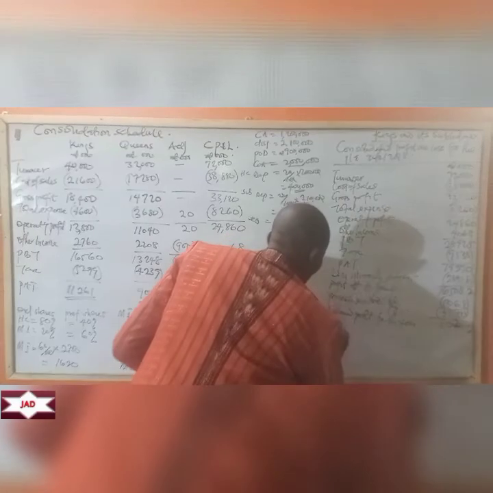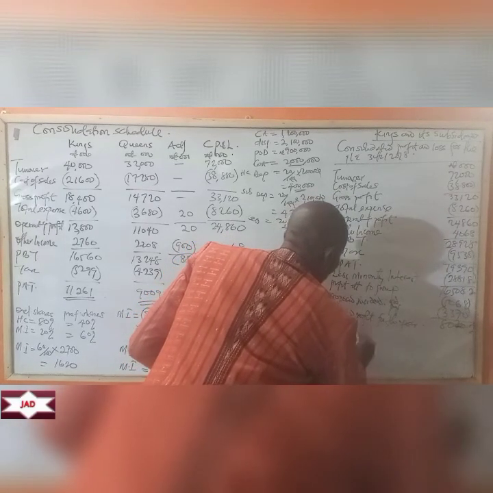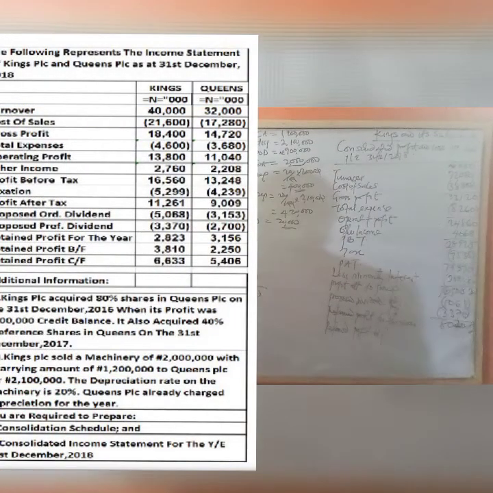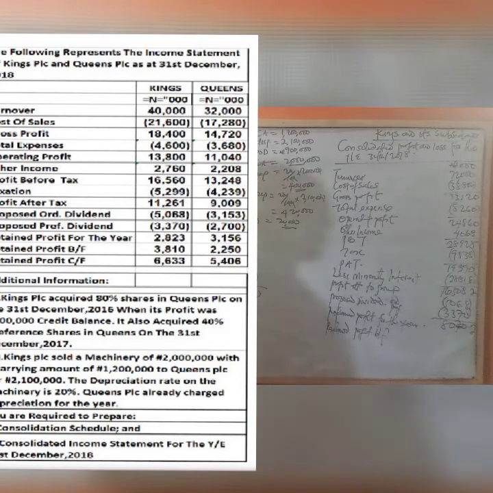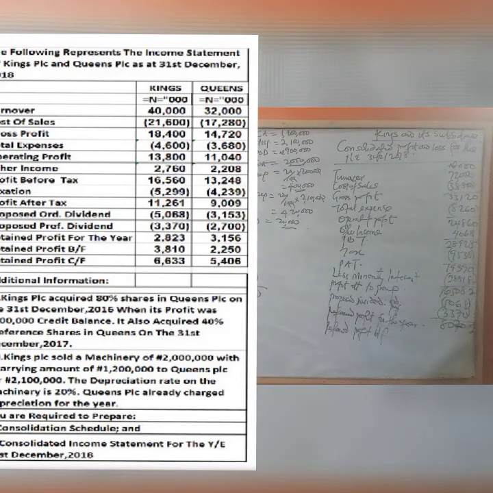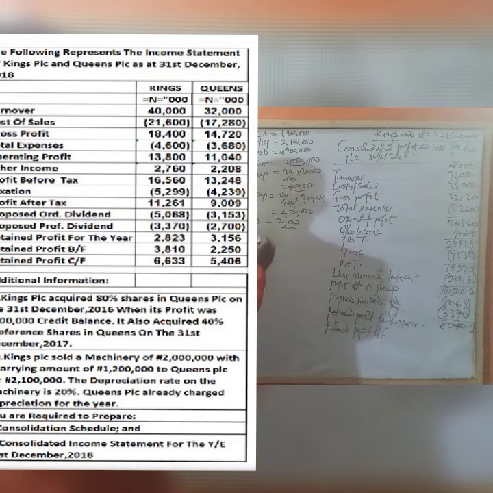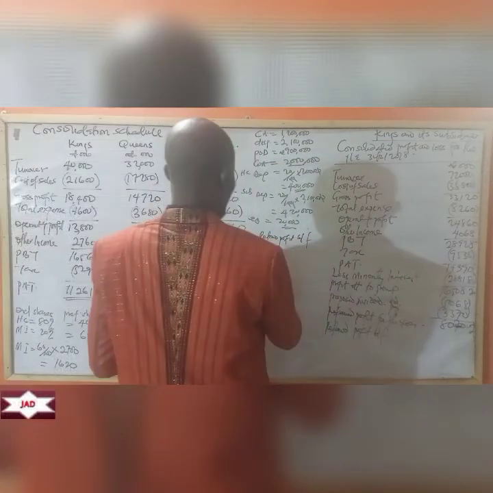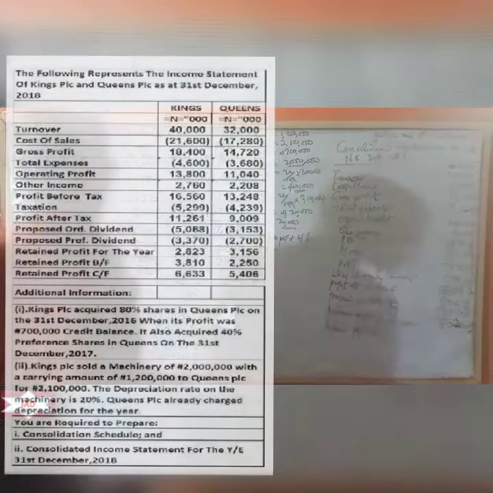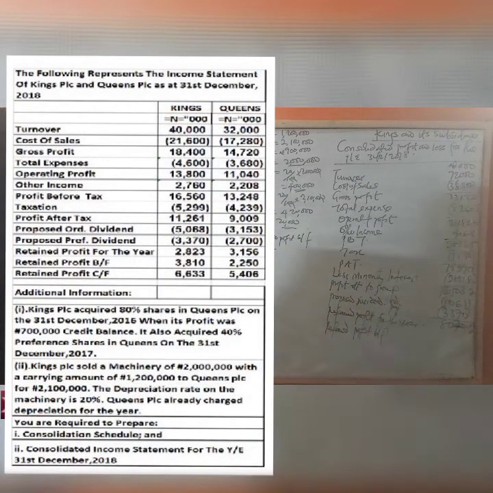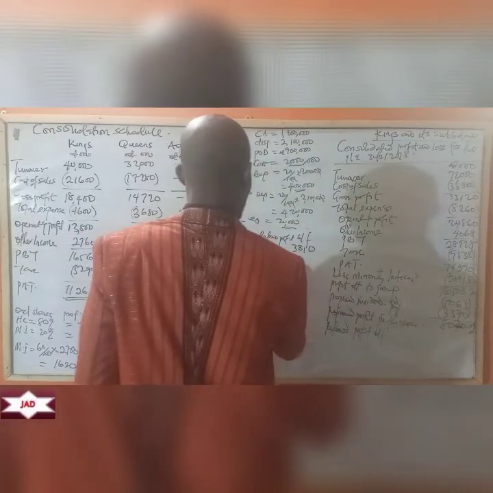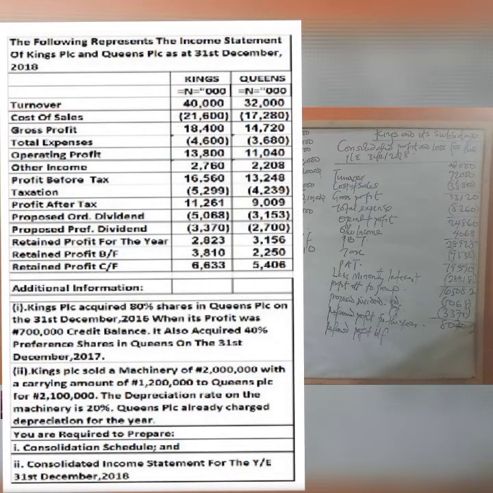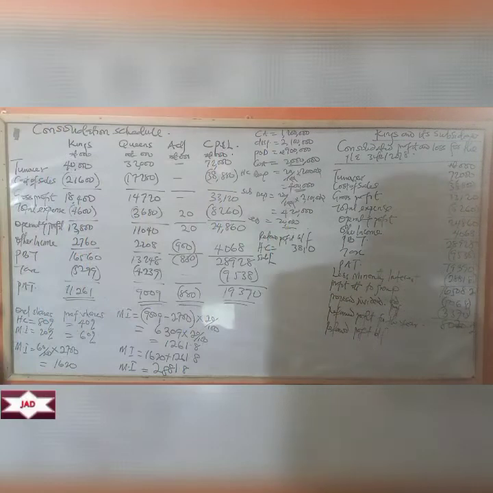So we now say what? Retained profit brought forward, because that's post acquisition, right? So what do we do? Retained profit brought forward. Holding company is what? 3,810. Subsidiary will be what? 2,250 minus pre-acquisition profit.